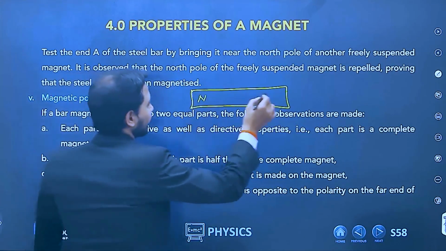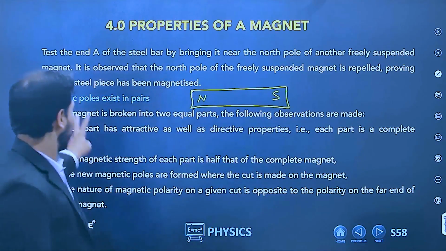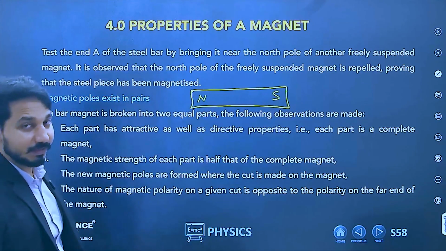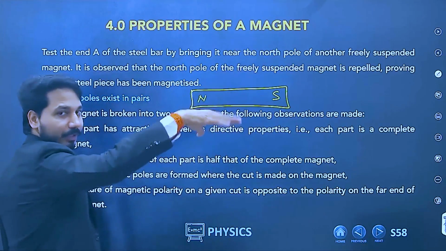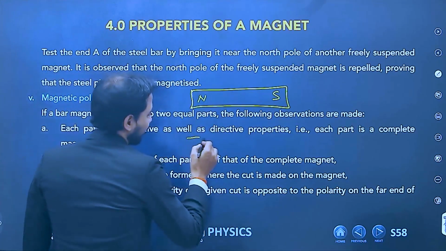This is north, this is south, right? So the meaning of this statement is that magnetic poles always exist in pairs. If you drop this bar magnet on the ground, assume it breaks into 3 pieces.